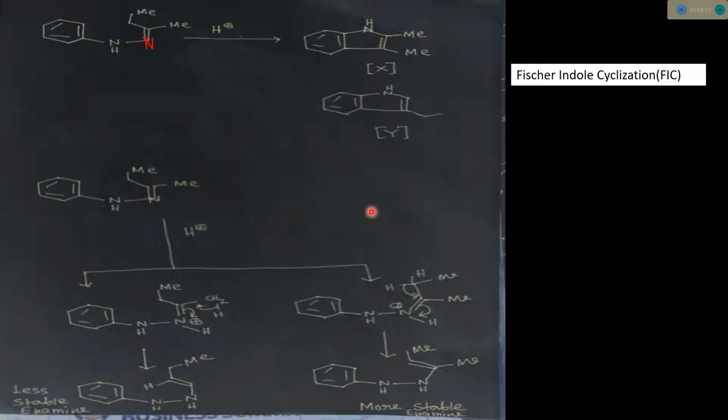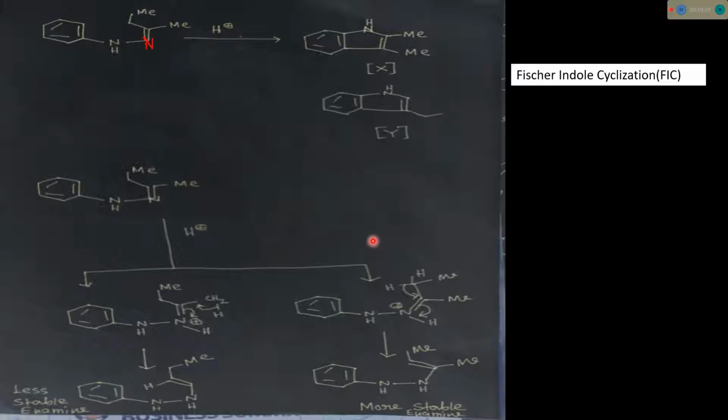Weak acid, acetic acid, is more selective, less reactive. That's why it selects the particular path in which the more stable intermediate is formed, and leads the reaction to proceed via that path only. So we get X indole as the major product, close to 100%.